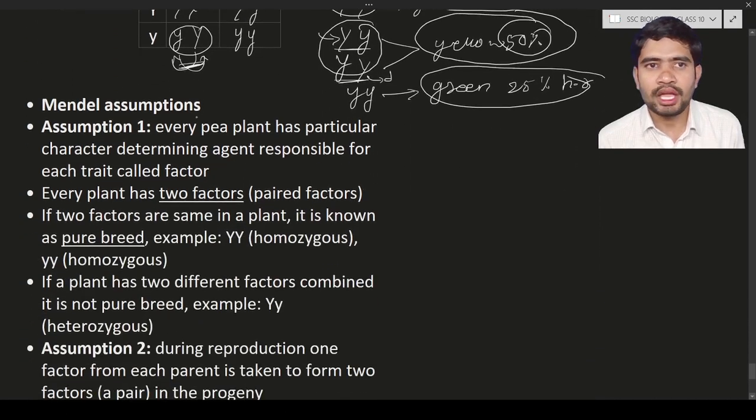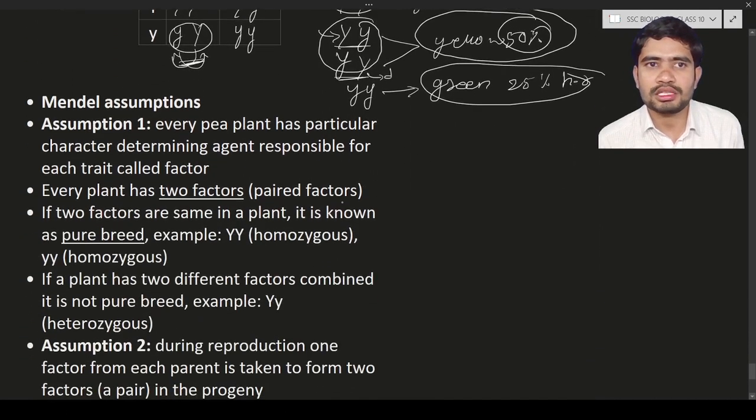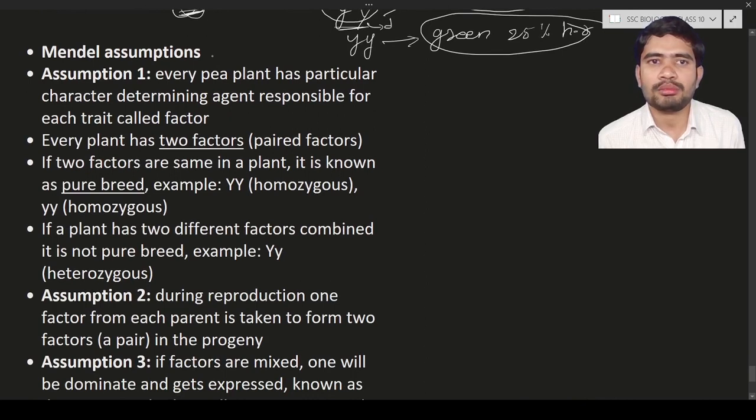Now, Mendel's assumptions. What do assumptions mean? Assumptions are what Mendel is thinking. Mendel is thinking that every pea plant has particular character-determining agents. We came to know that these determining agents are nothing but genes, that is capital Y, small y, and so on. They are responsible for the color. Here we are calling it a trait, called a factor.